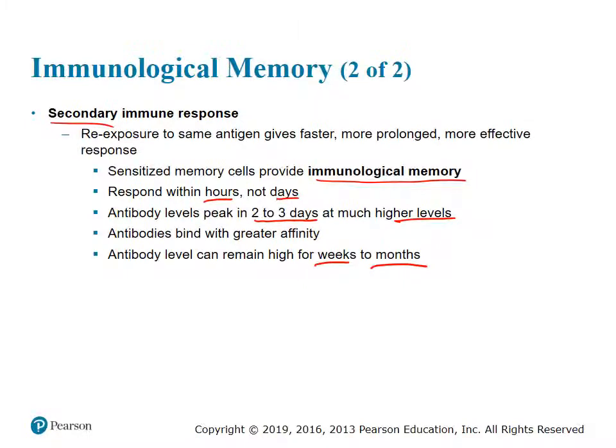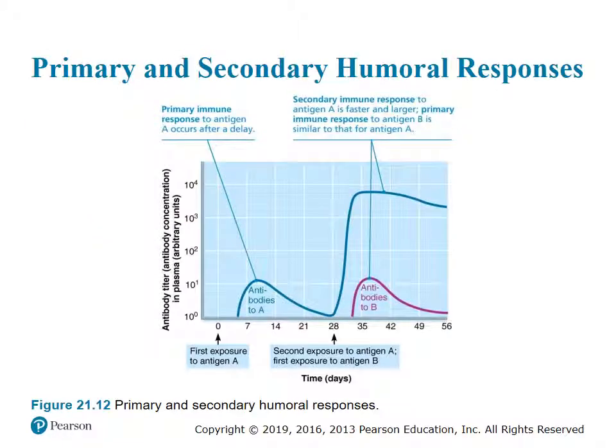Okay, so this gives us a great example of that. Here's our first exposure to the antigen. In a couple days we have our peak response. It's about day 10 here, right? We see our peak level, and then it starts to go down.